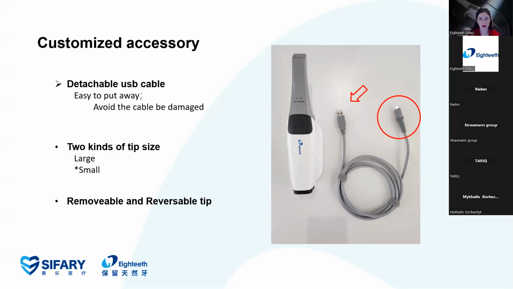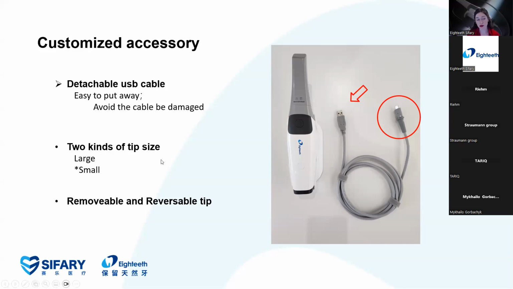But for normal types of patients, like an adult, if there is no problem, I would recommend using mostly the large size. I'm going to explain better, but the mirror view is bigger, and during the scanning we are reaching a bigger area, so we can scan more in the same time.